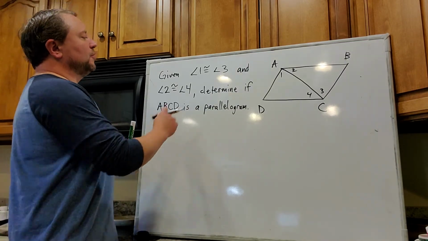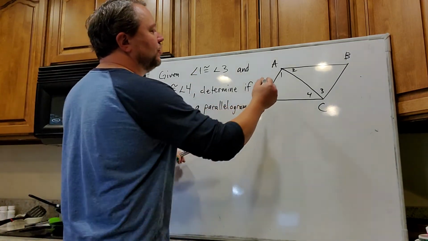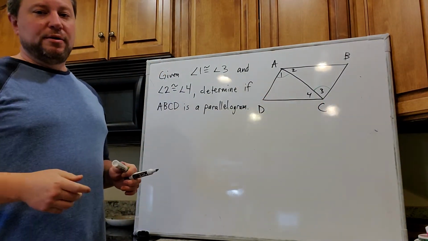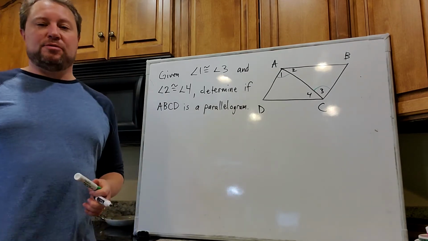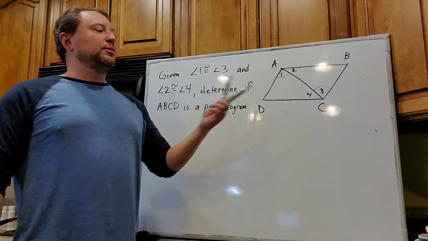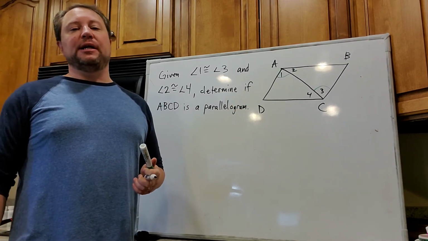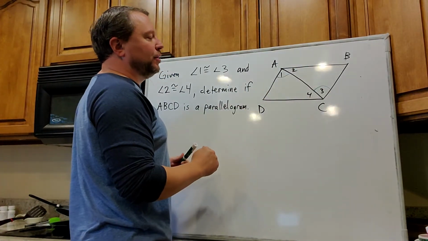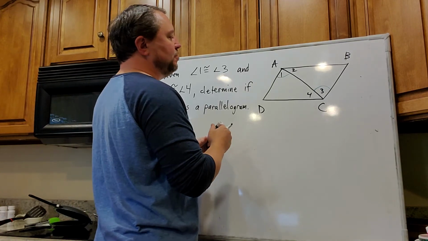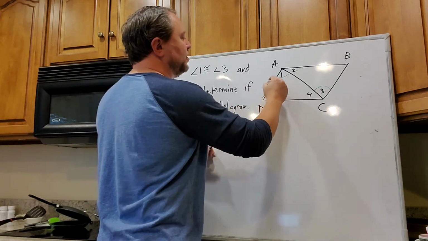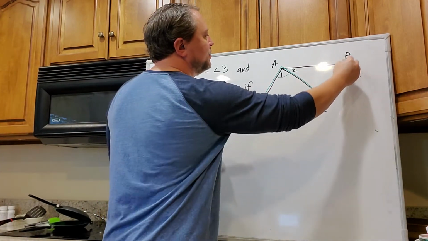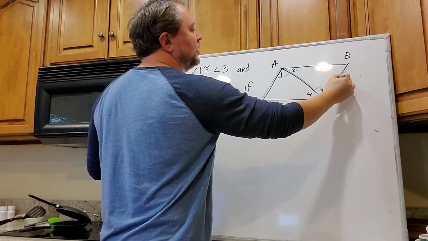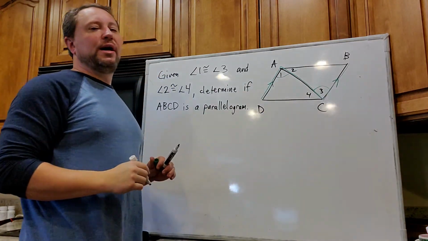So if you look at the first statement, we had that 1 was congruent to 3. Okay, if you look at your picture here, again going back to chapter 3, you might notice those are a pair of alternate interior angles. And when those alternate interiors are congruent, making the Z shape again, see it? Where you go there, there, and there. See the Z shape? So if those are congruent, then that means these lines have to be parallel as well.